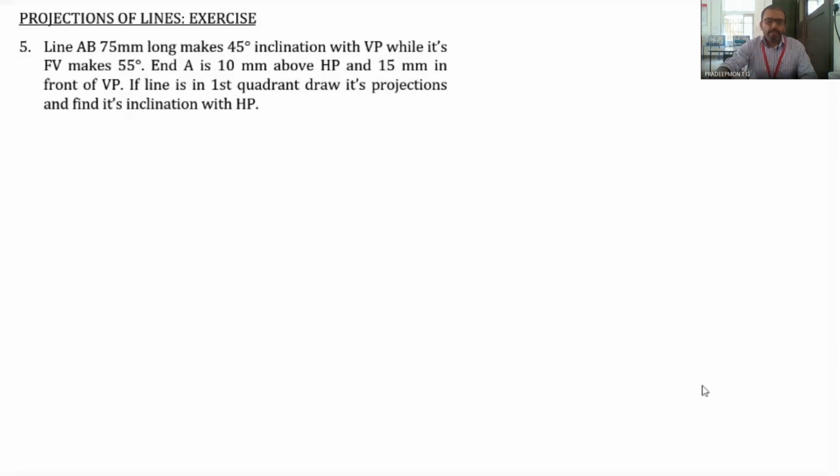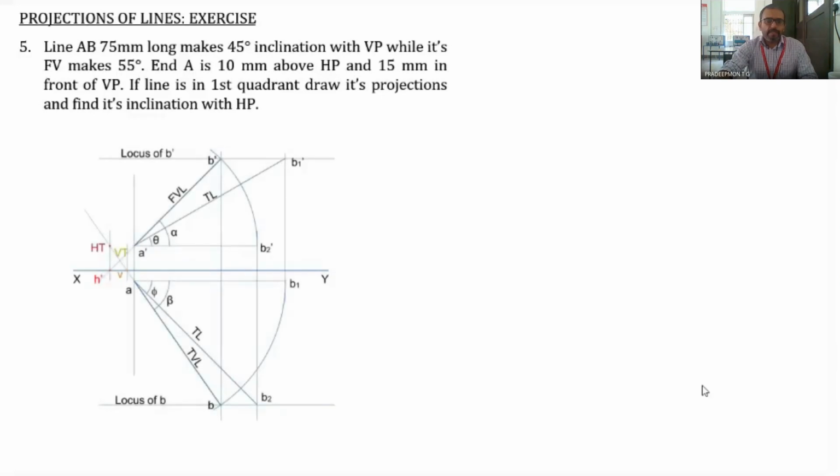Now let's mark the dimensions in the base figure. The line AB is 75 millimeter long, which means the true length is 75 millimeter.